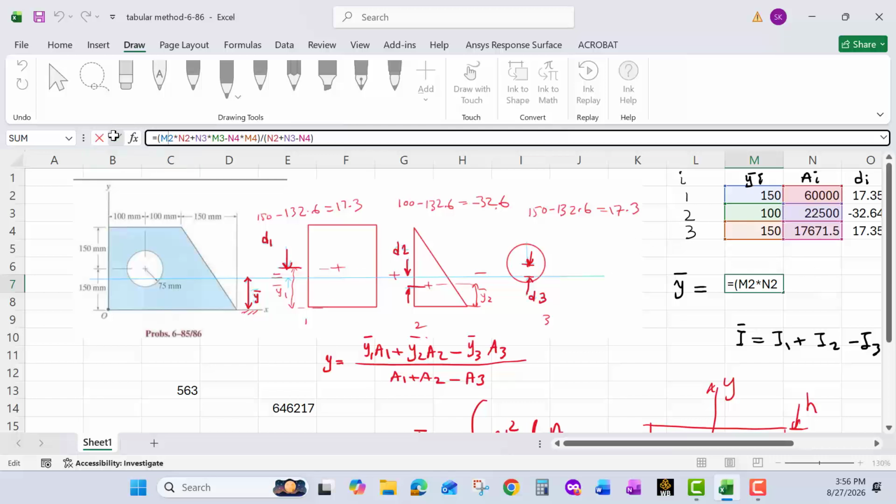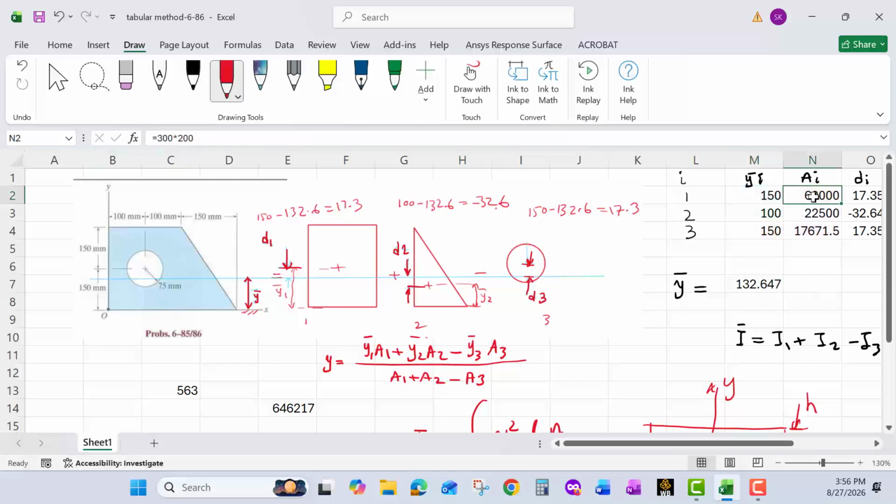If you are interested in how the area was calculated, this is a formula, equal 300 by 200. That is the area of segment number 1, this rectangle, 200 multiplied by 300. The equal sign makes it a formula in case something updates or changes.